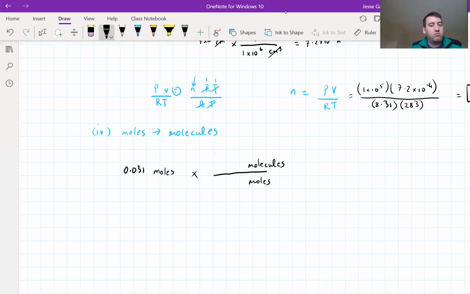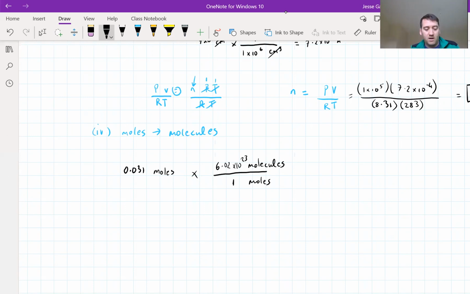Then what's the rule? Well, I know if I have 1 mole of anything, I have Avogadro's number of that thing. So if I have 1 mole of molecules, I have 6.02 by 10 to the 23 molecules. All right, so go ahead and finish this off before I do.